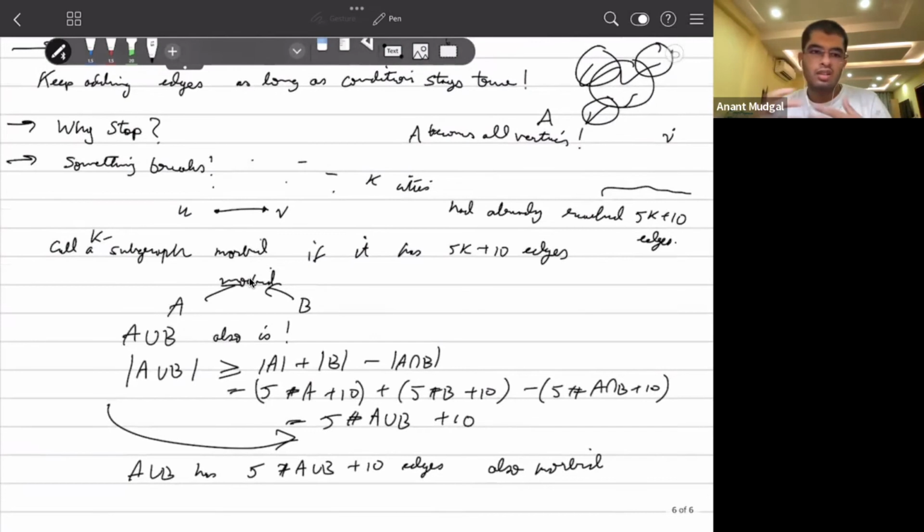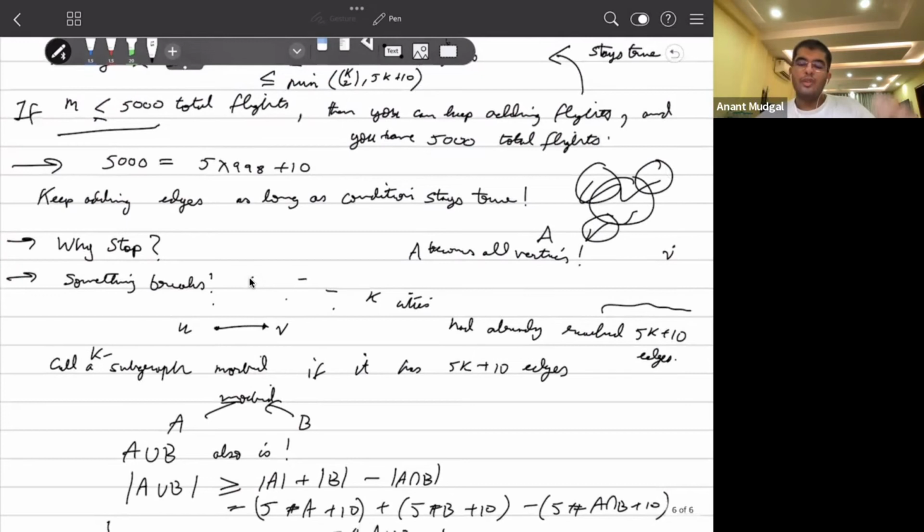And the point is that if you take A and B as 2 such clusters, you can do a counting argument to show that A union B has at least 5 times the size plus 10 edges. But because we already did our algorithm in a way where nothing ever breaks, it can't be greater than 5 times the size plus 10, which means it has to be equal. And if it is equal, then you get that this thing is also a cluster. So if you have 2 clusters, you can fuse them to get a bigger cluster.